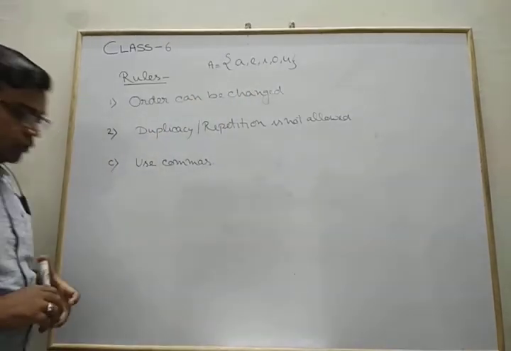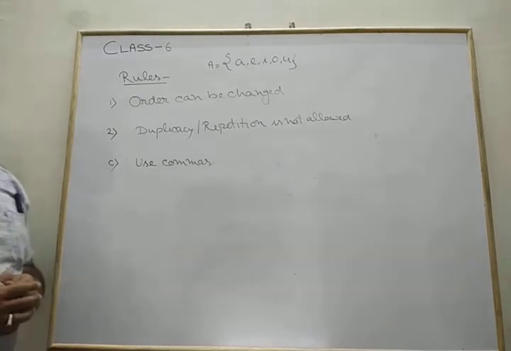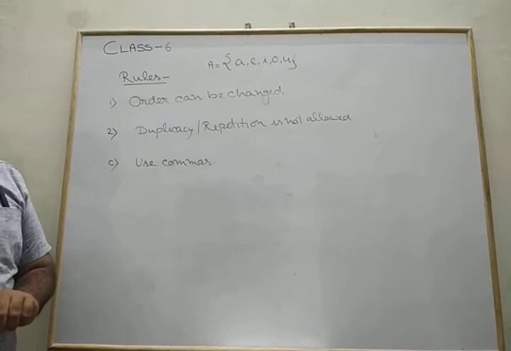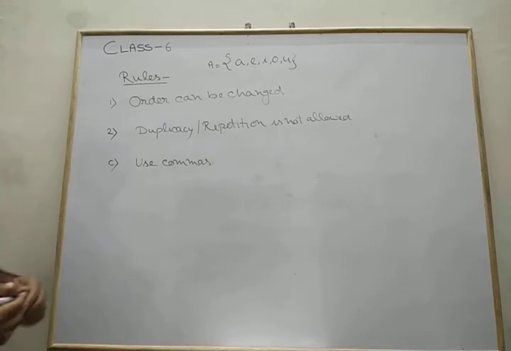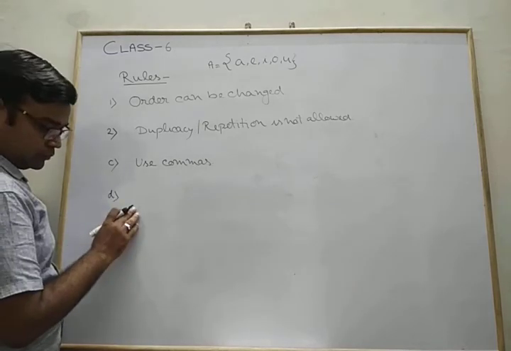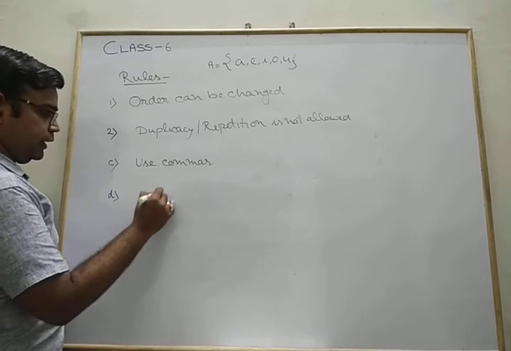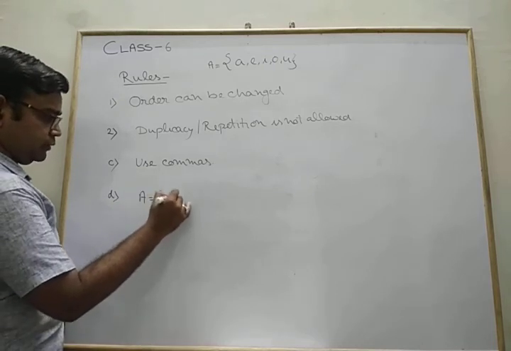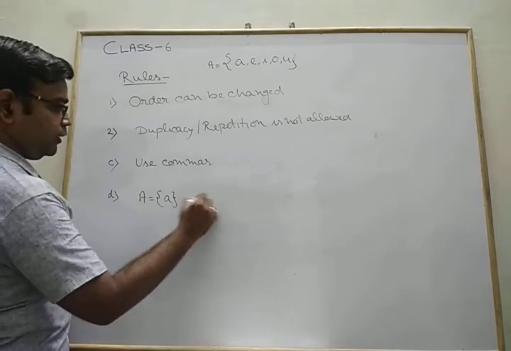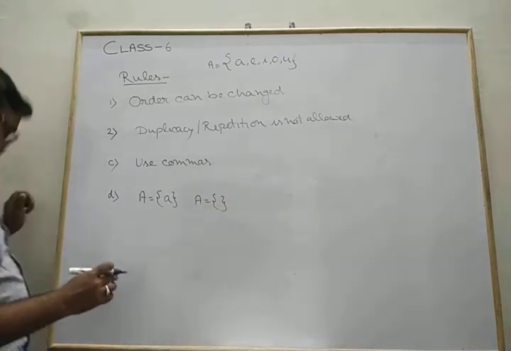So you can use commas to separate the members. A set may consist of a single member, no member or many members. Likewise, we must write all the things inside the bracket. For example, A, and in this case we have only one member, or we have no member.